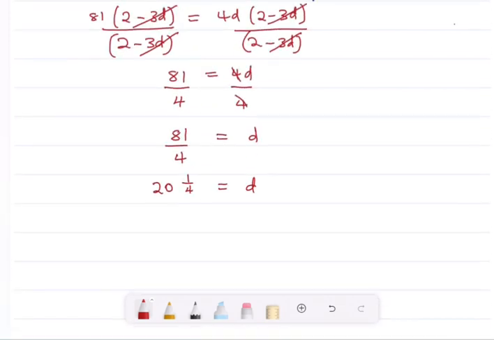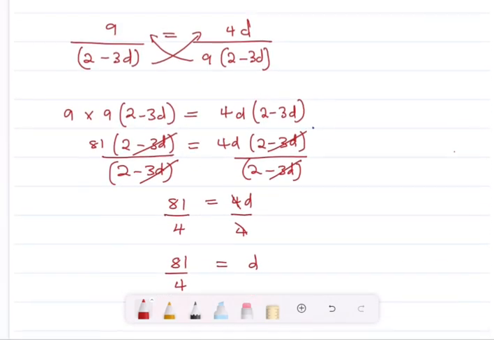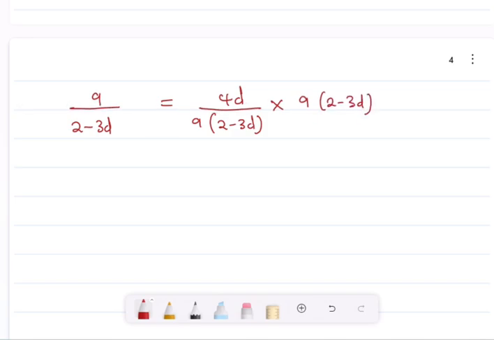So on the left hand side we have 9 over 2 minus 3d, right? 9 over 2 minus 3d being equal to 4d over 9 open bracket 2 minus 3d. So your common denominator, you're multiplying both sides by 9 and then 2 minus 3d. On this side as well, you're multiplying by 9 and then 2 minus 3d.